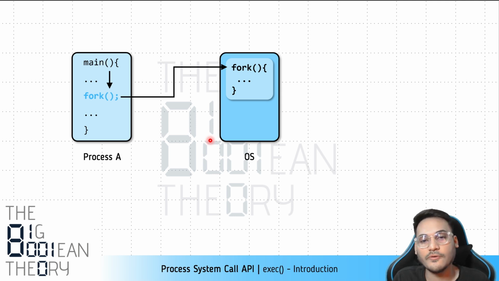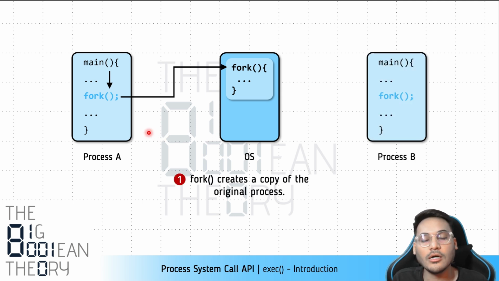As we know, the fork system call works by creating a copy of the original process. In this case, process A is the original process, or the calling process. When it invokes the fork system call, we have a new process. The fork system call creates a new process by duplicating the original one, by making a clone or copy of it.